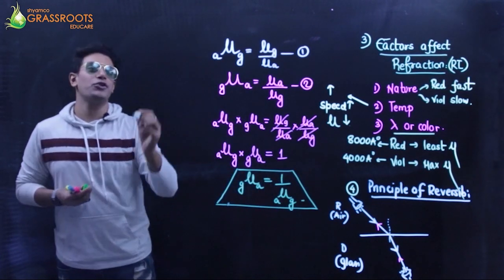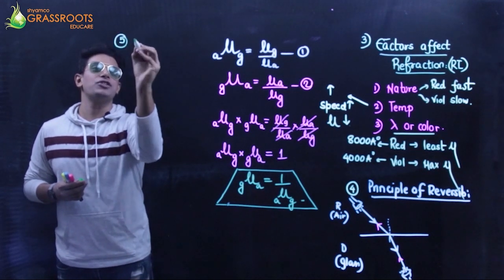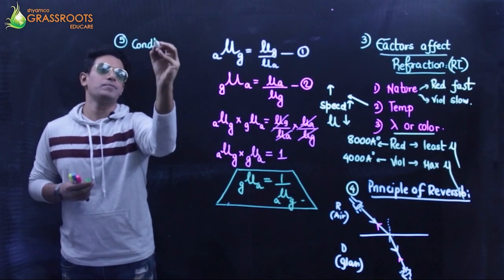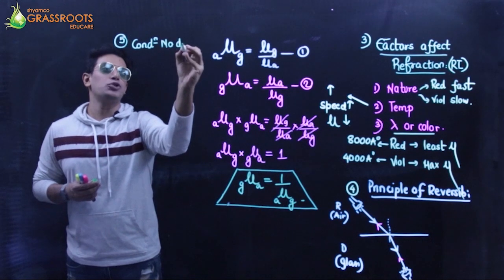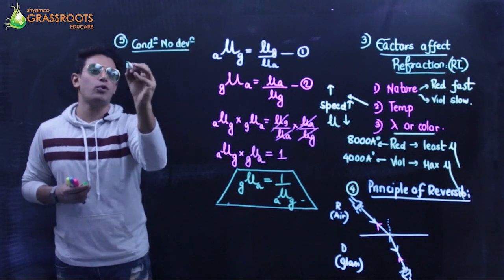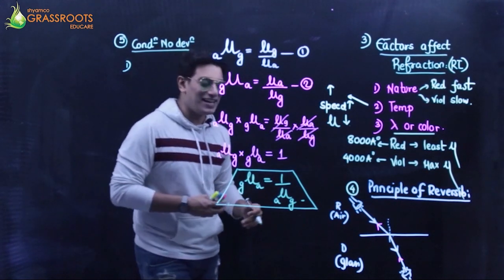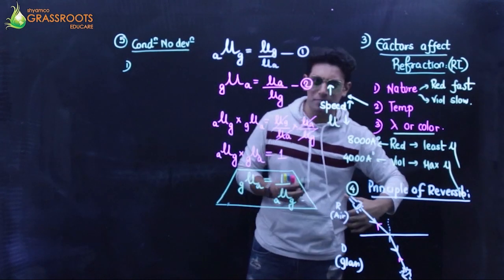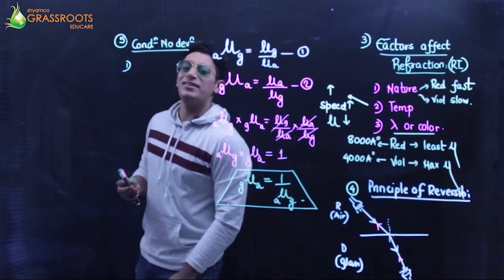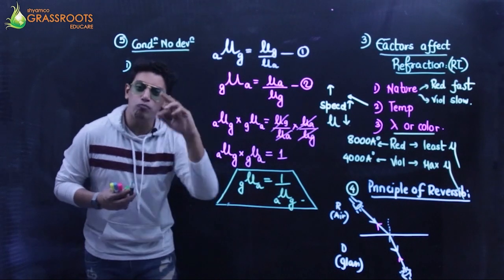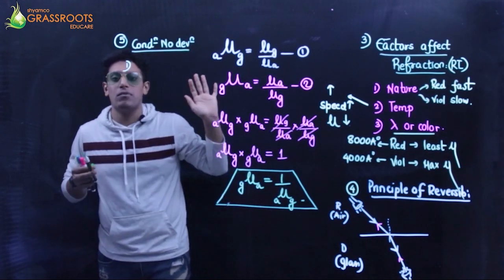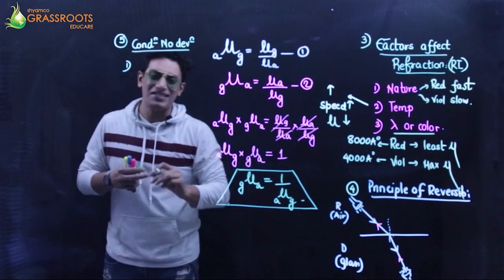My fifth answer for y'all would be the conditions for no deviation. Two simple conditions. Condition number 1. Whenever the ray of light enters from one medium to another medium in which the refractive indices of both the media are the same. Didn't get it? Example.